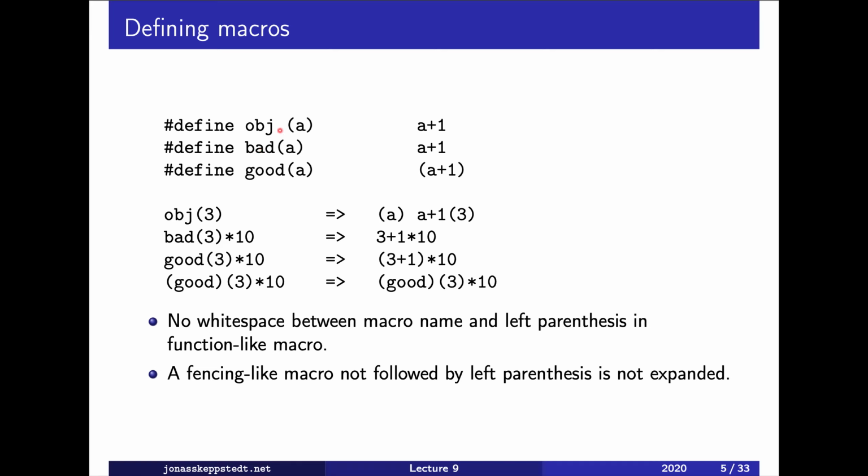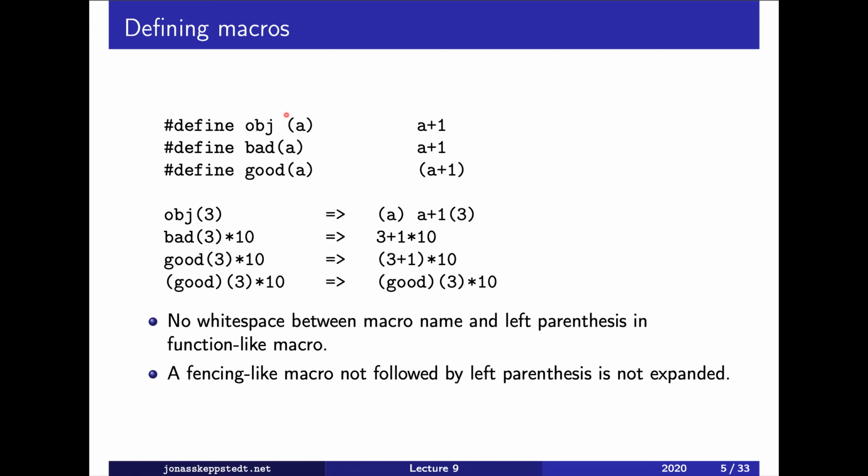Now one must be very careful, because if there is a space or something other than a left parenthesis, then this is called an object-like macro. And if there is a left parenthesis, then it is assumed that this is the beginning of a parameter list, which must clearly have a right parenthesis as well. So even though this looks like some kind of function, it's not.